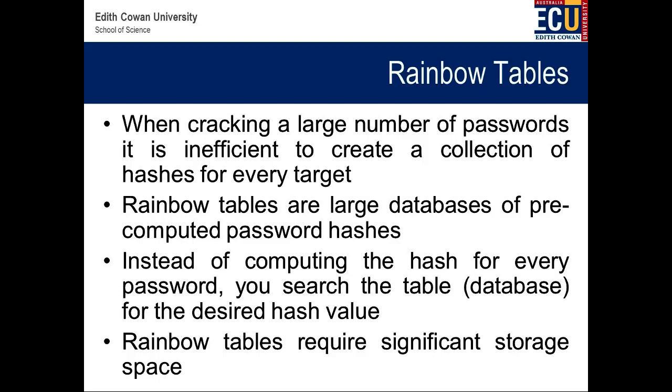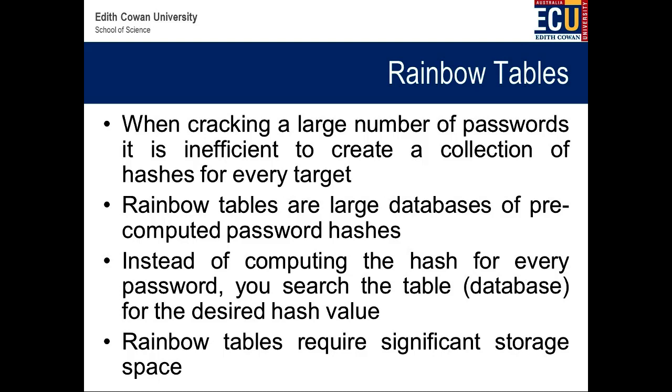rainbow table. Whereas in the previous category, in the dictionary and brute forcing attack, the flowcharts we discussed in the previous slide, what we were doing was taking the plain text, generating the hash value, and matching that hash value with the hash value that we have obtained from the user's system. But in this case, we are not generating those hash values.